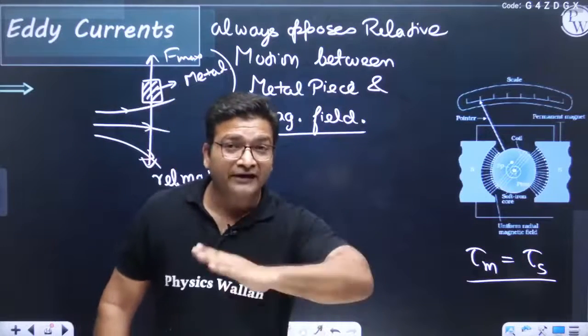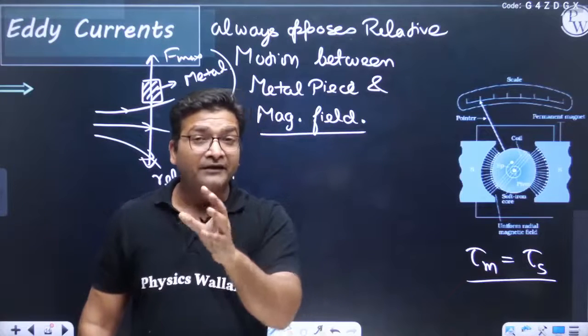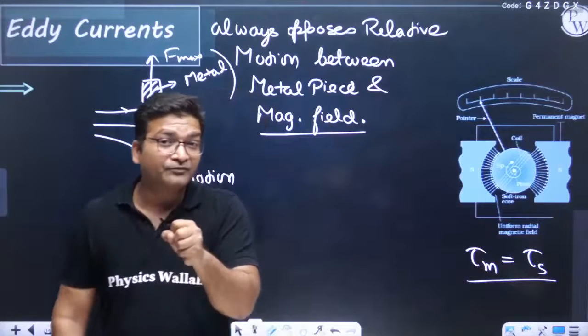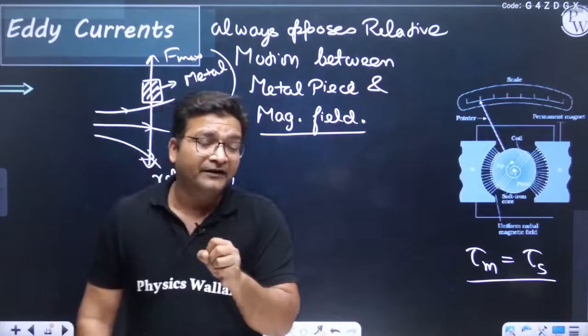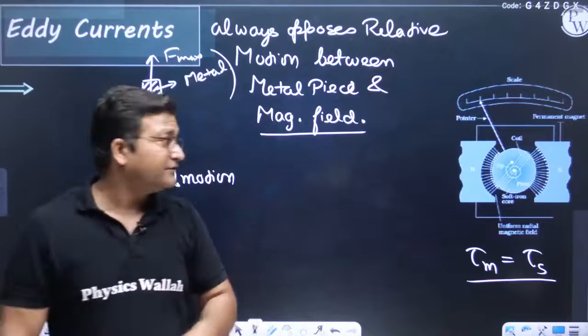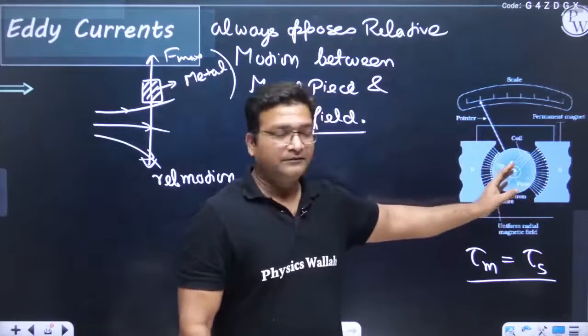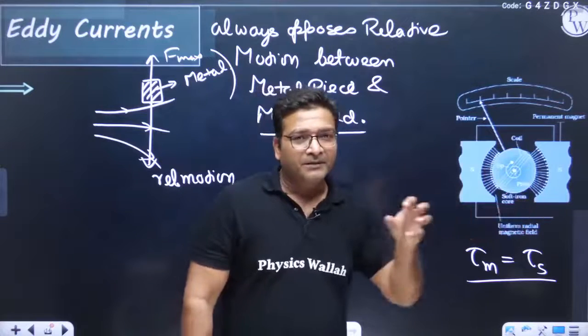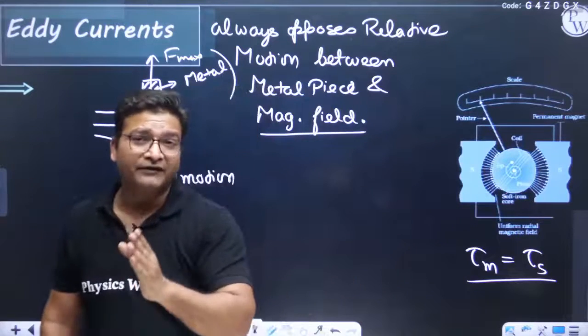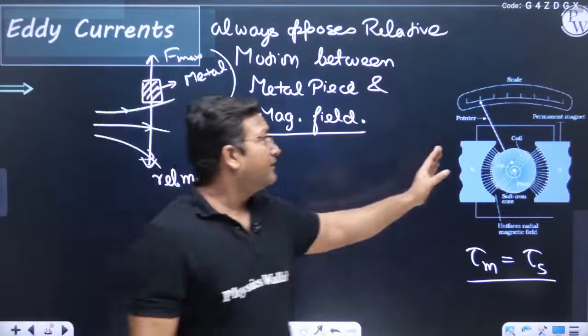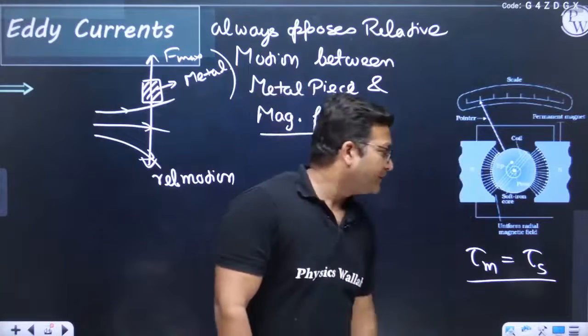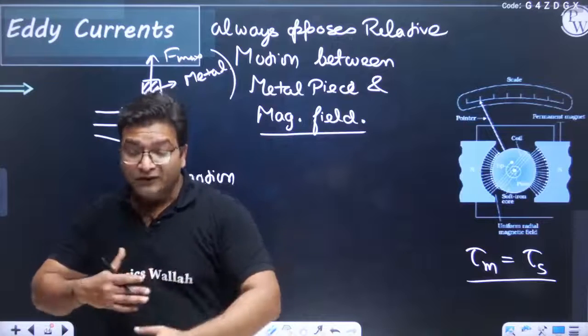So if the coil is trying to vibrate, the resistive torque by eddy currents stops their relative motion, and this makes the oscillations die out very quickly, and we can take the reading precisely. Okay, so that was the meaning of eddy currents.